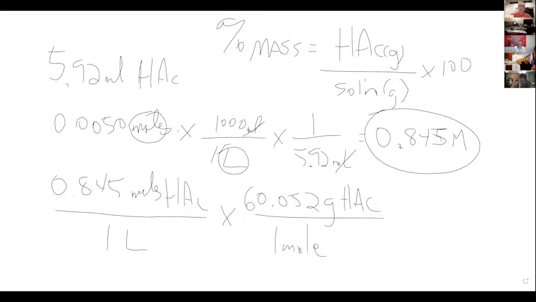And so that gives me 0.845 times 60.052. So that gives me 50.74 grams of acetic acid in a liter.